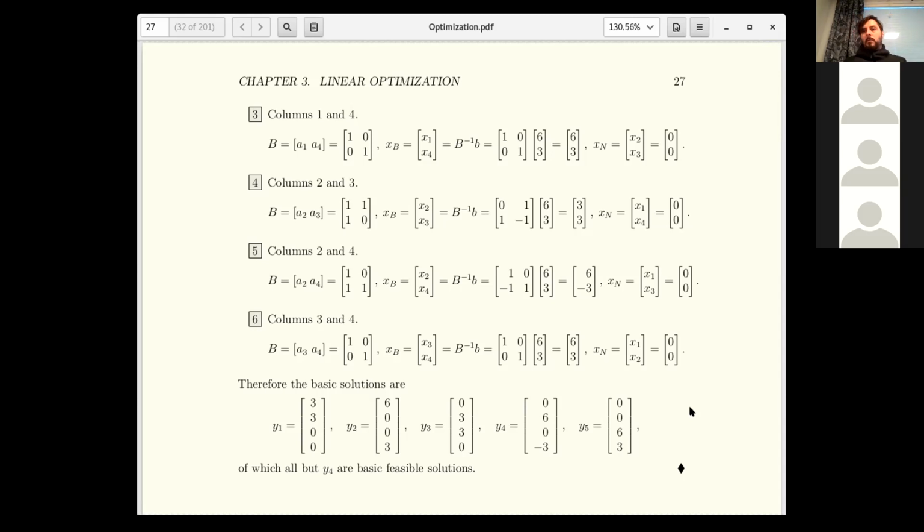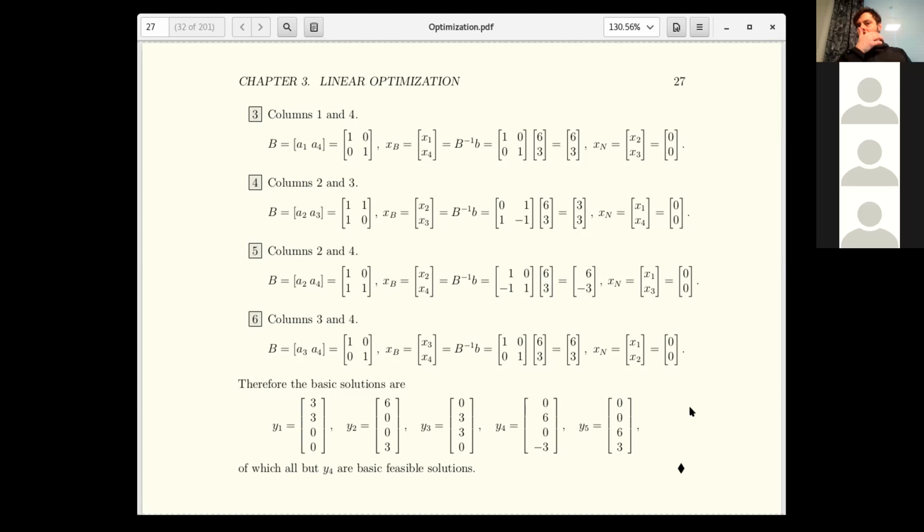In theory, we could try them all, obviously. But if n is a large number, and m is a relatively large number, of the magnitude roughly n divided by 2, then this is going to be about 2 to the n divided by 2 or something like this. So it's going to be exponential.